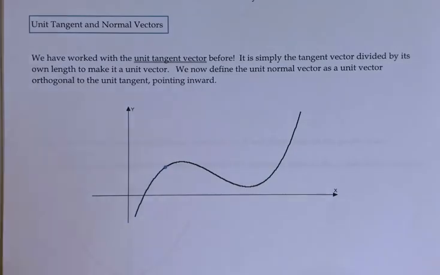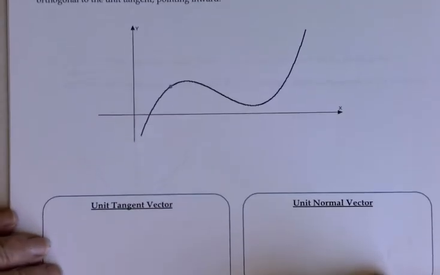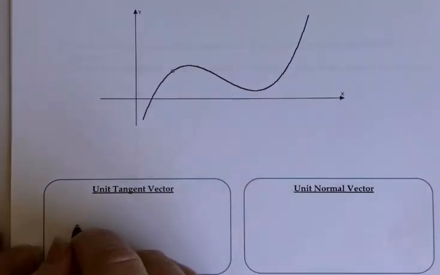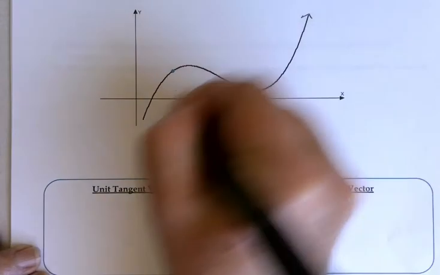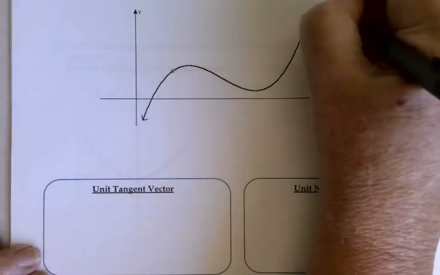We actually already have talked about the unit tangent, so you really already know what it is, right? The unit tangent vector would be the tangent vector, which is the derivative, divided by its own magnitude in order to make it a unit vector. So my unit tangent vector, if I write down a definition, here's my curve r of t.